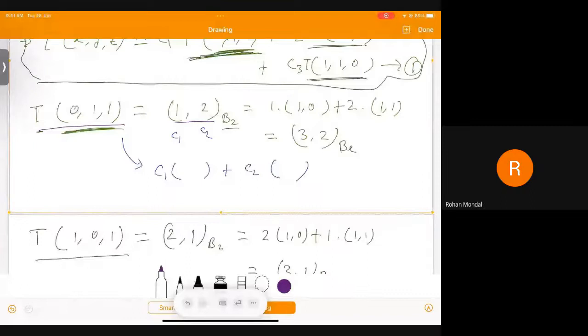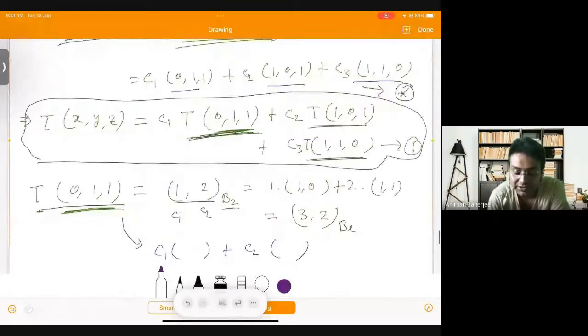But what we want in this formula is the vector with respect to the standard basis. And how to figure it out?